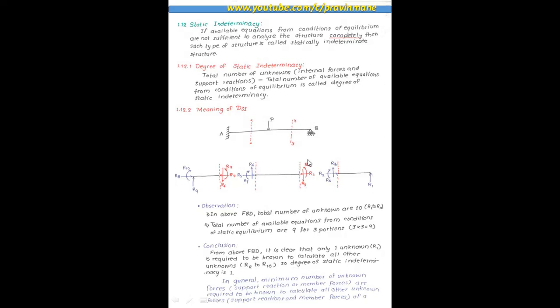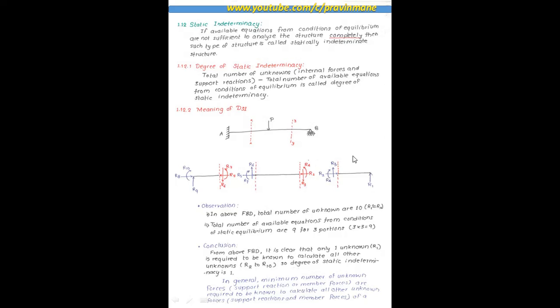That is, the difference between the total number of unknowns, internal forces and support reactions, and the total number of available equations of equilibrium is called the degree of static indeterminacy. That is the meaning.